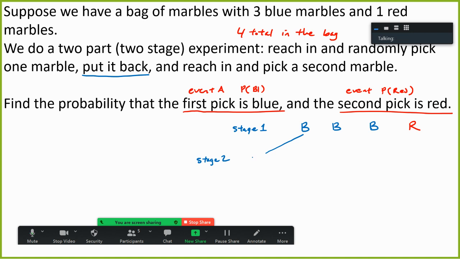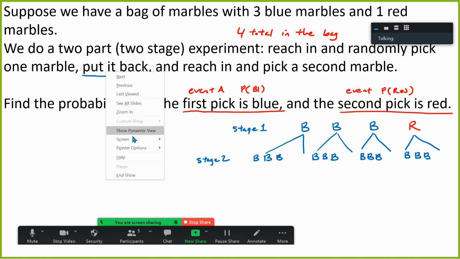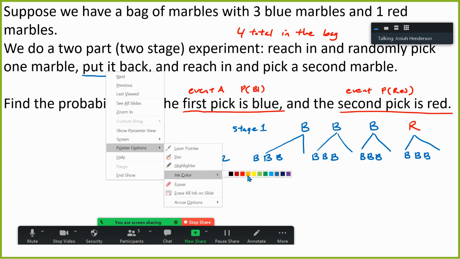So for stage 2, I could get blue, blue, blue, and then red. I'm going to fill in the reds afterwards. Blue, blue, blue, and red, for each branch. I'm going to put my reds in there.